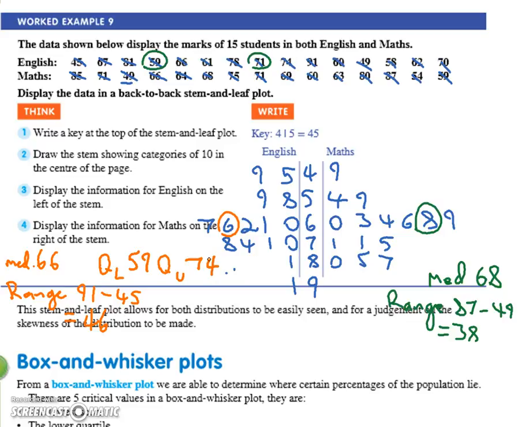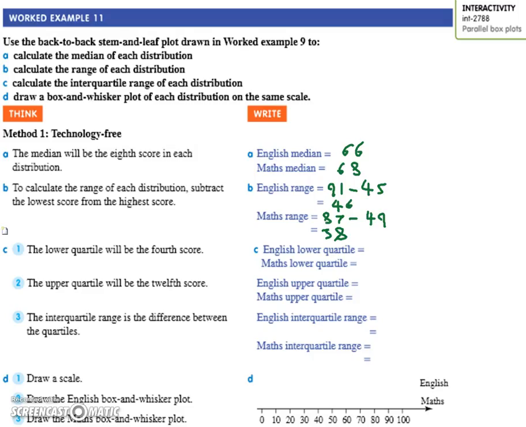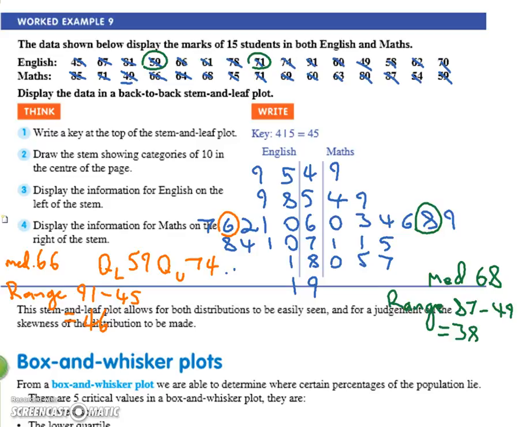And it's going to be the same with the maths ones. So I'll just put those on. So 59, 74. Okay. All right, with the maths ones, what's our lower quartile going to be? Maths.